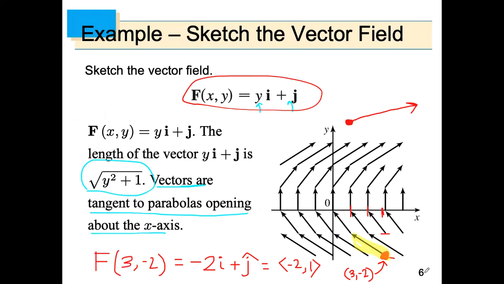I think many of you could already see that it does, because the vector is asking us to start at this point 3, negative 2, and the actual vector itself from that point is going left 2, up 1. So that kind of makes sense to me. 1, 2, up 1. That looks about right. Now again, this is not to perfect scale, but it gives you the idea.